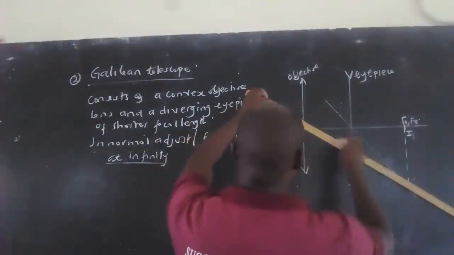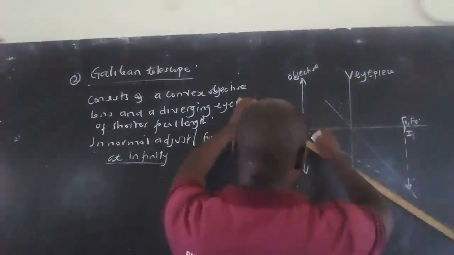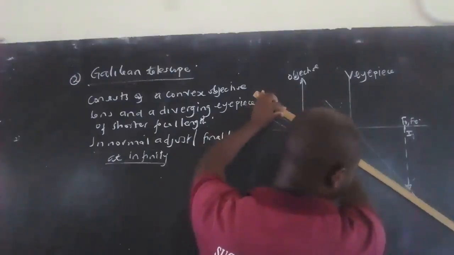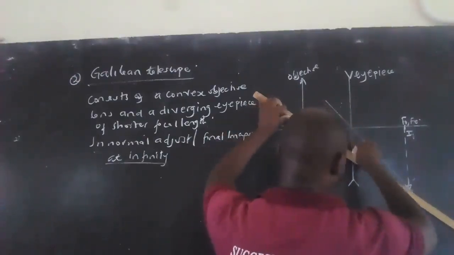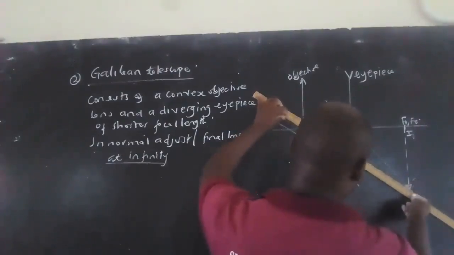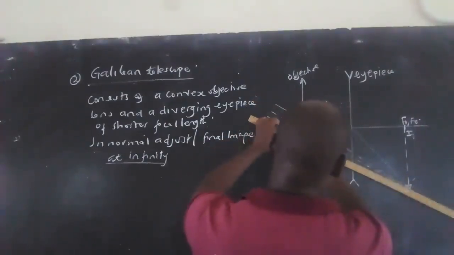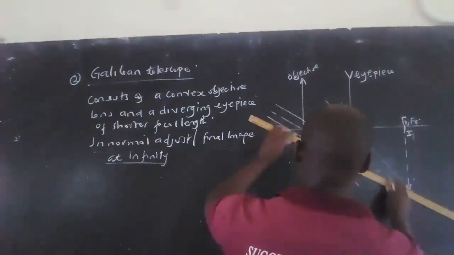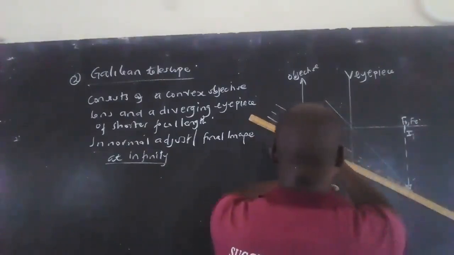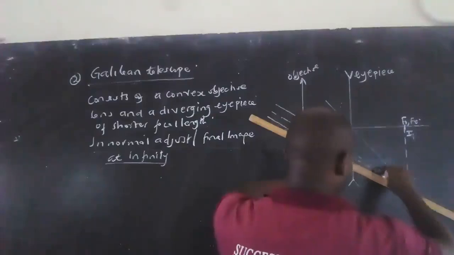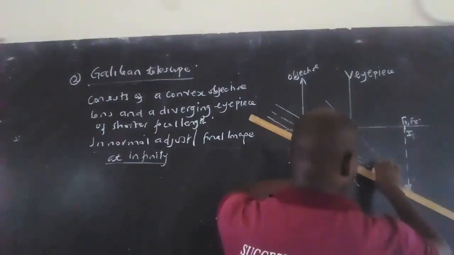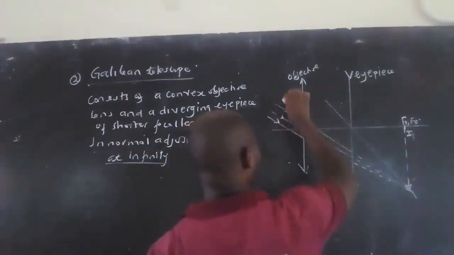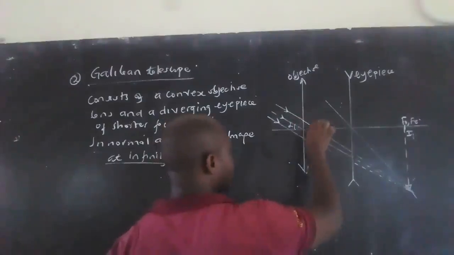Then we complete. Okay. Then another is here. Like that. So that this is alpha prime, this is alpha, and this is also alpha.